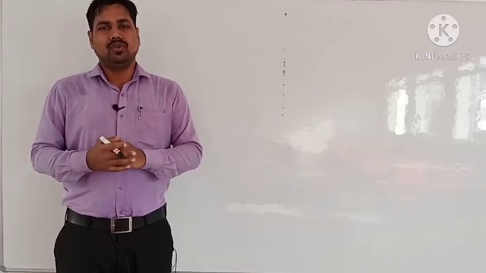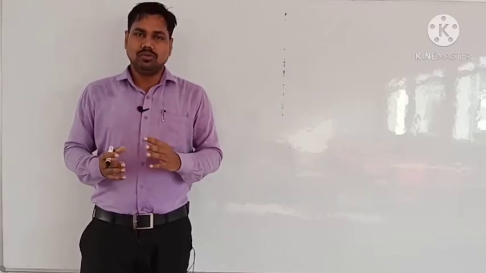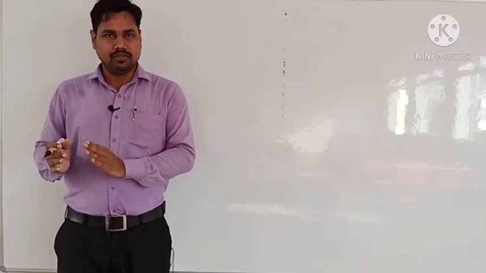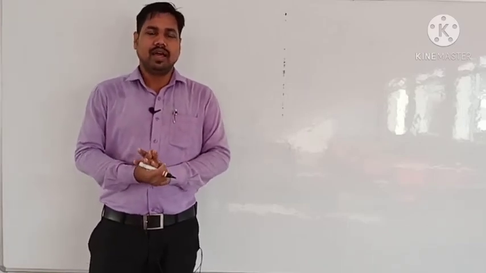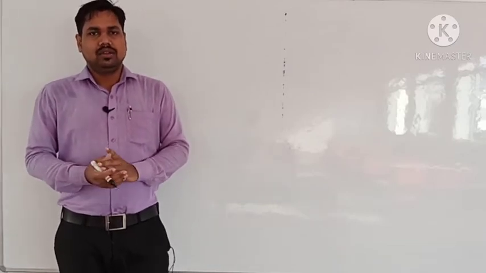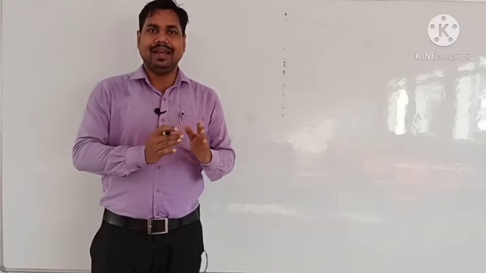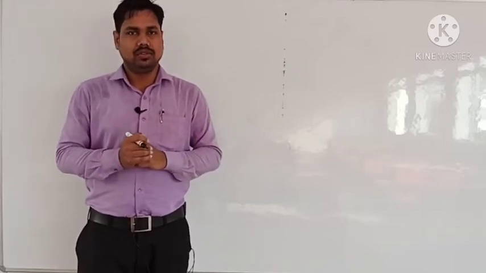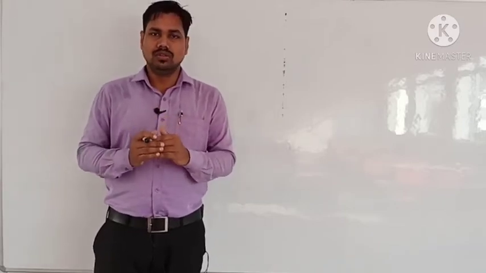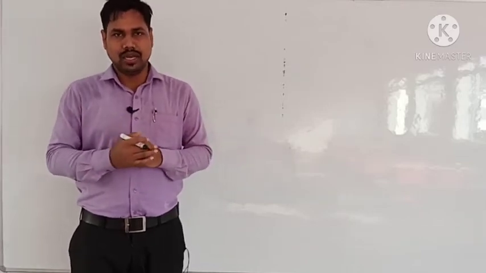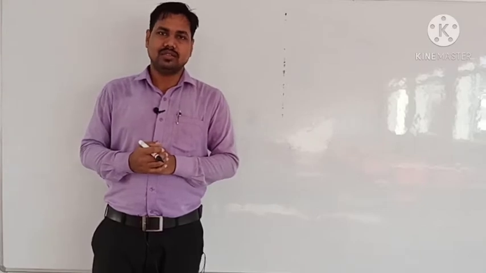After then we have learned how to write the fractional number, and different types of fractional numbers, like and unlike fractions. The fractions whose denominators are same, those are called like fractions.